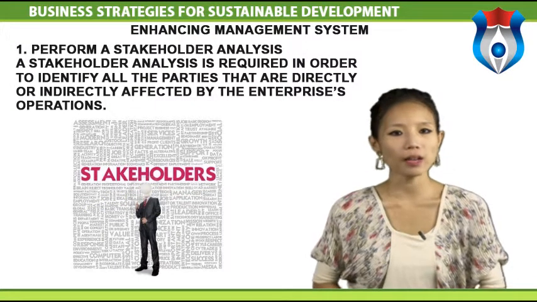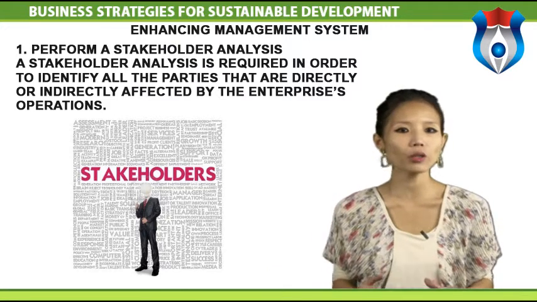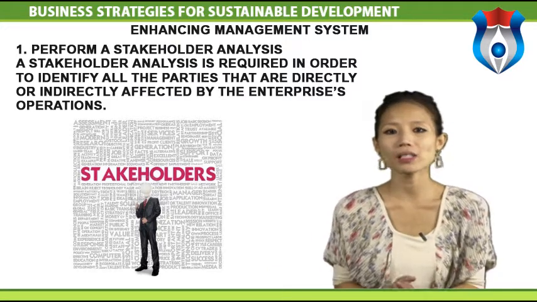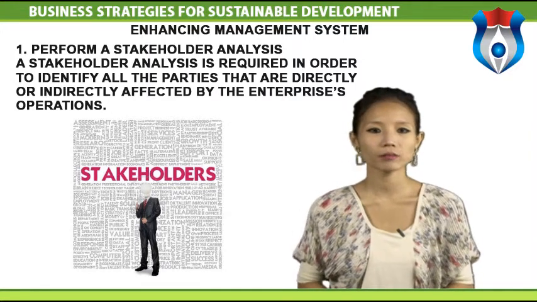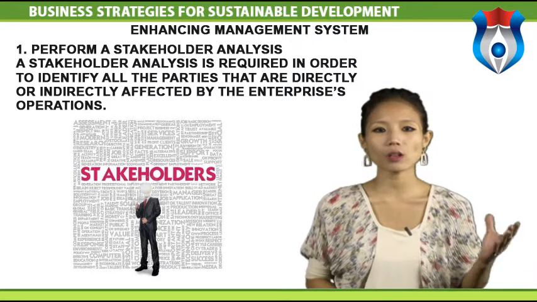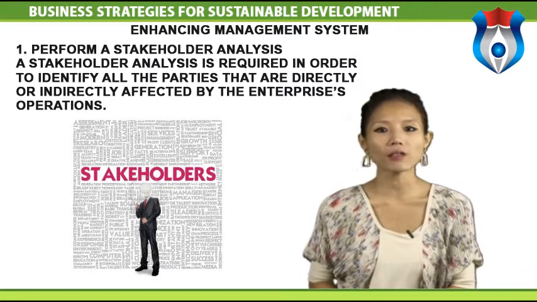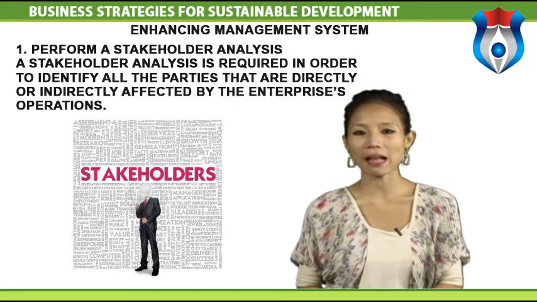Perform a stakeholder analysis. A stakeholder analysis is required in order to identify all the parties that are directly or indirectly affected by the enterprise operations. It sets out the issues, concerns, and information needs of the stakeholders with respect to the organization's sustainable development activities.